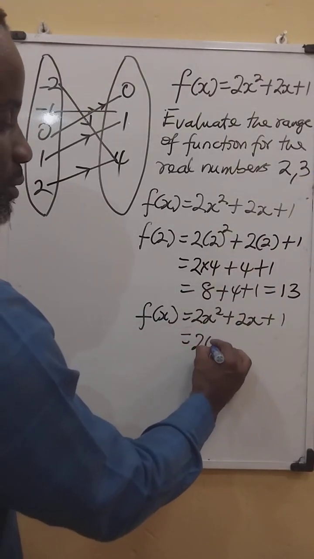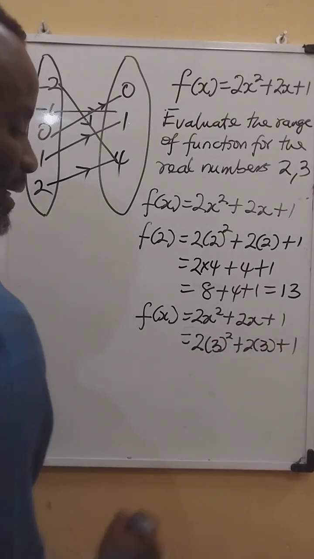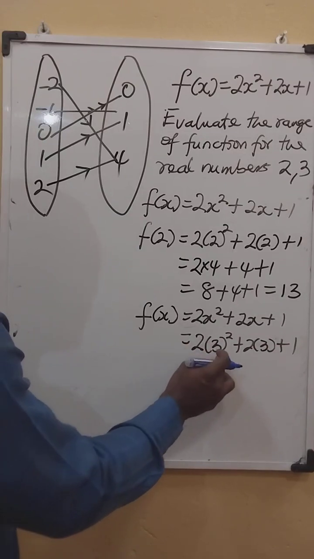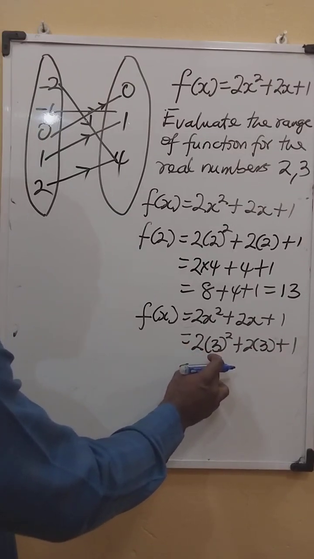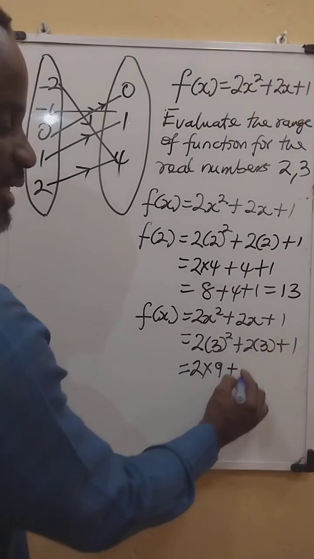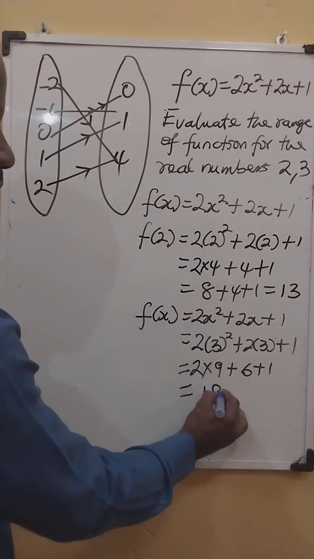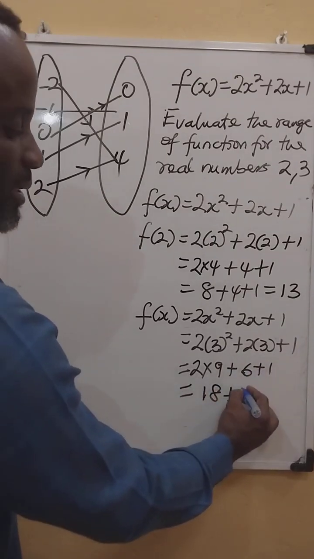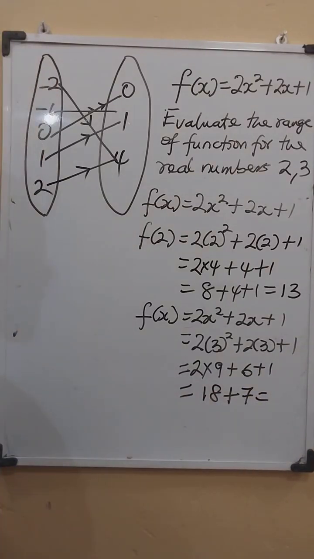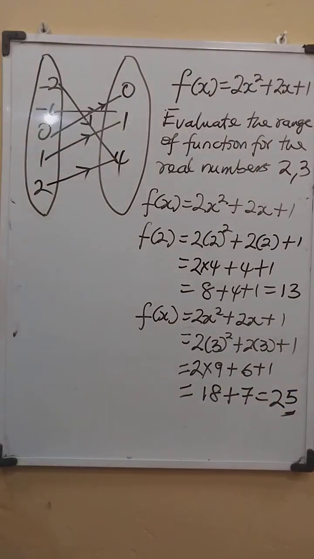You have 2 times 3 squared plus 2 times 3 plus 1. 3 squared is 9, so 2 times 9 is 18, plus 2 times 3 is 6, plus 1 is 7. So 18 plus 7 is 25. It's 25.